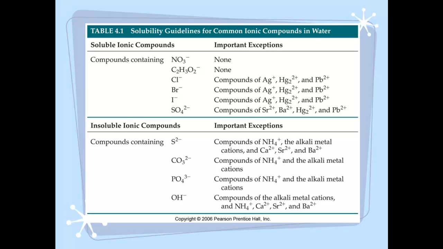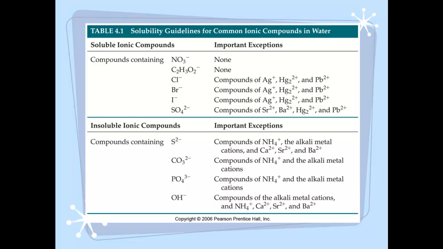It's important for you to know the exceptions because that's going to indicate which ones are insoluble. The bottom half of the table on the left side shows you the insoluble compounds. So compounds that have those four anions in them will generally be insoluble. There are exceptions. If you look on the right, if you have carbonate ion that is bonded to an ammonium ion, that will be soluble. If you look at the exceptions, you'll notice that ammonium is an exception to all of them.